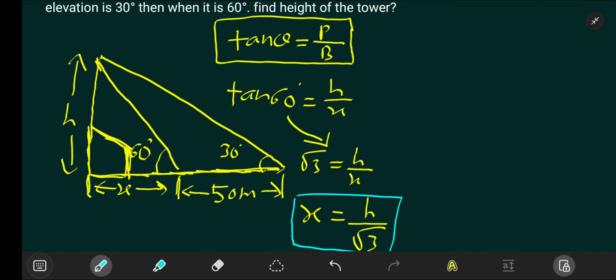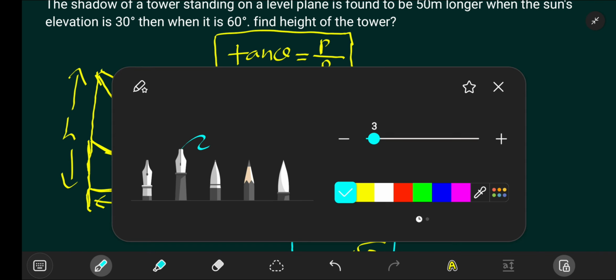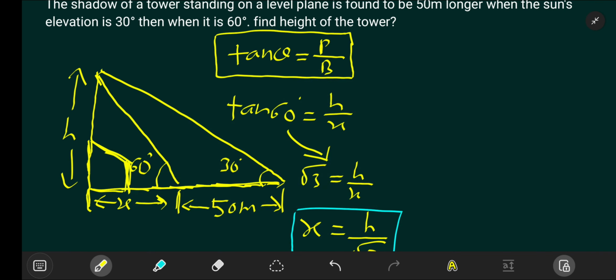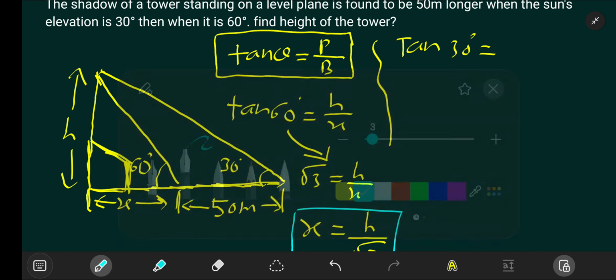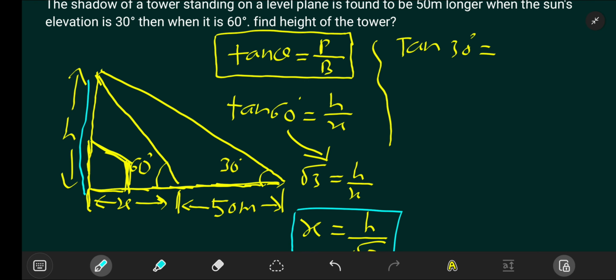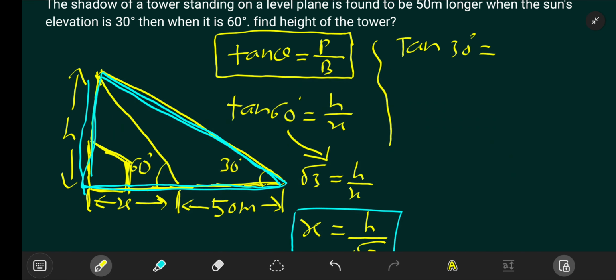Now apply tan 30 degrees. Tan 30 degrees will require this whole triangle, this complete triangle. Yes or no? Now tan 30 degrees is perpendicular side upon base.